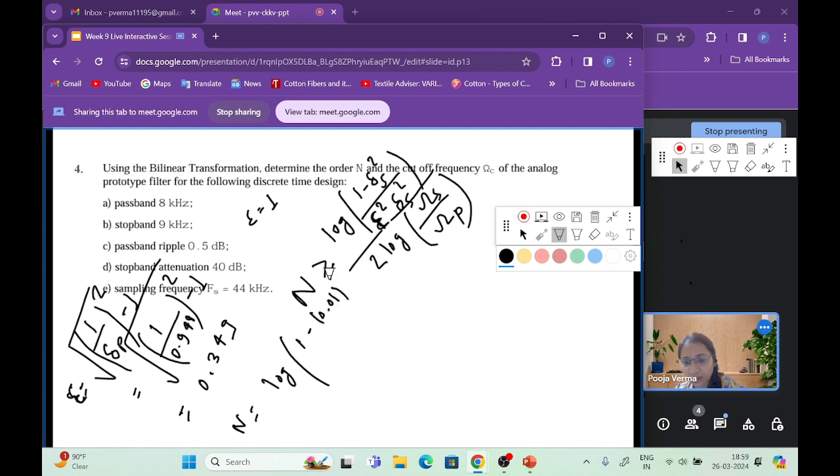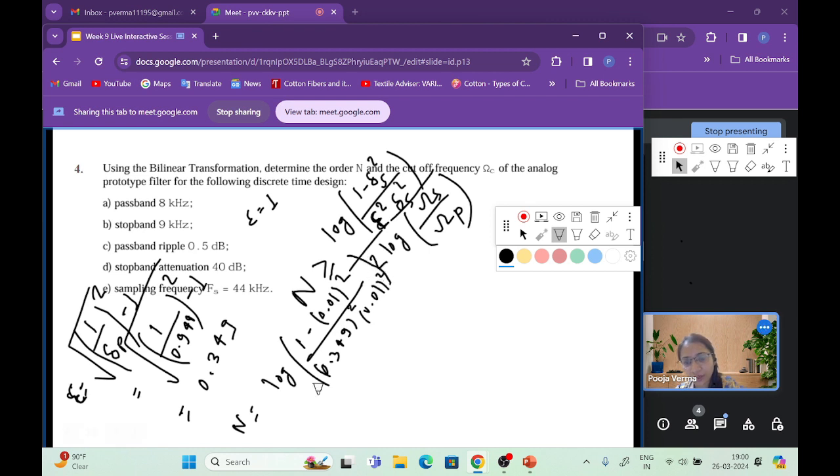We have got square. Epsilon is given as 0.349 whole square. Del S is given as how much we have calculated, that is 0.01, 0.01 whole square.